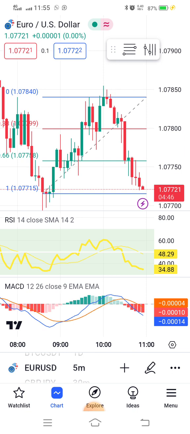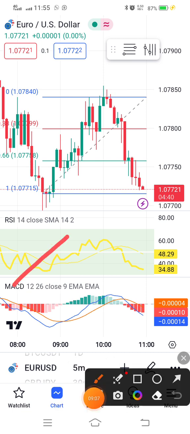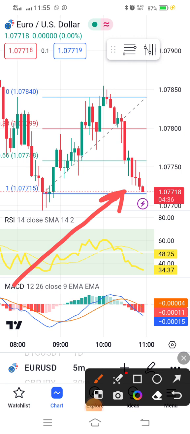So you must know when to buy. By the time it hits this line, you should know that the market has now bottomed. Once it hits this line, which it will definitely do, then you know that the market has truly bottomed, and you can now start preparing yourself for a buy order. But you know you're going to draw your retracement tool from top to bottom for a buy order.